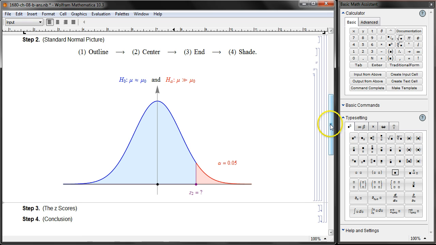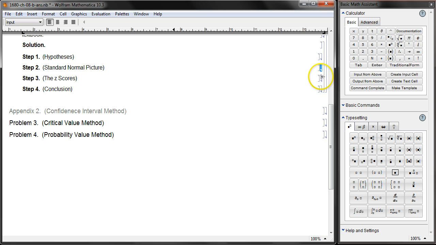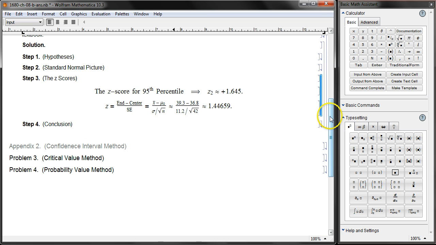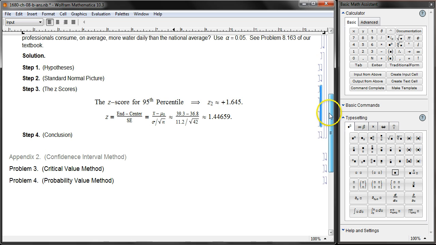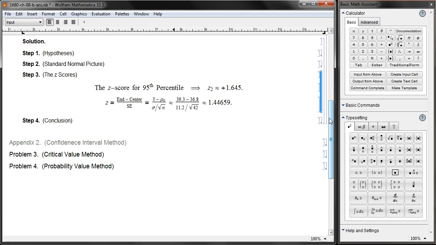In order to use this method, you have to know the idea of this z transformation, and that can be a little bit difficult and confusing, but if you know how to use this and you're comfortable with it, go ahead and use it.